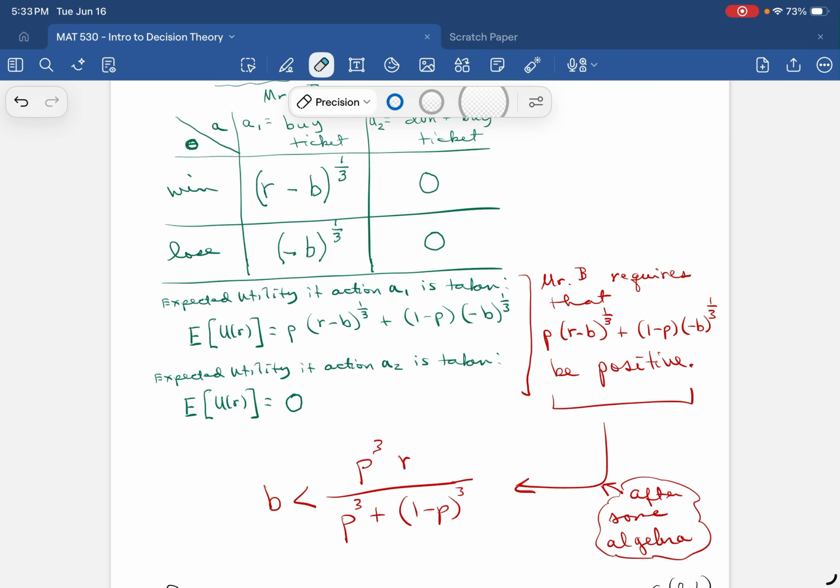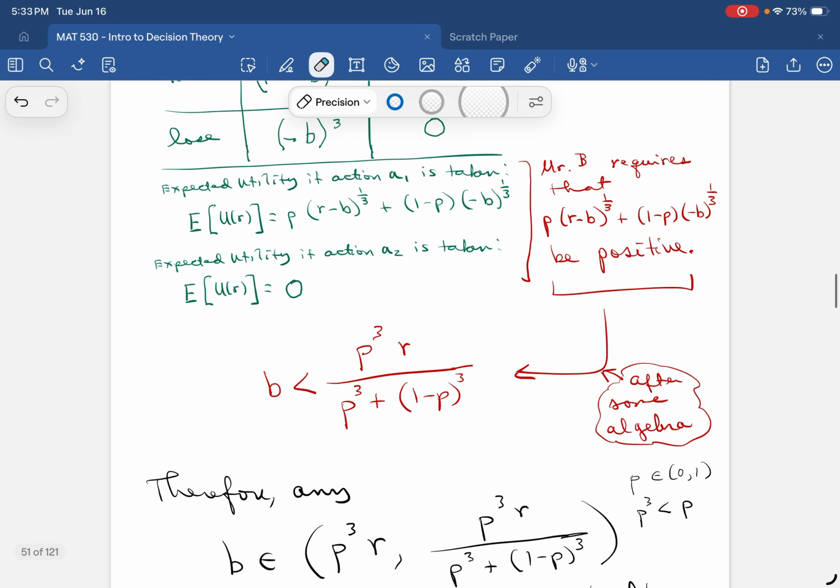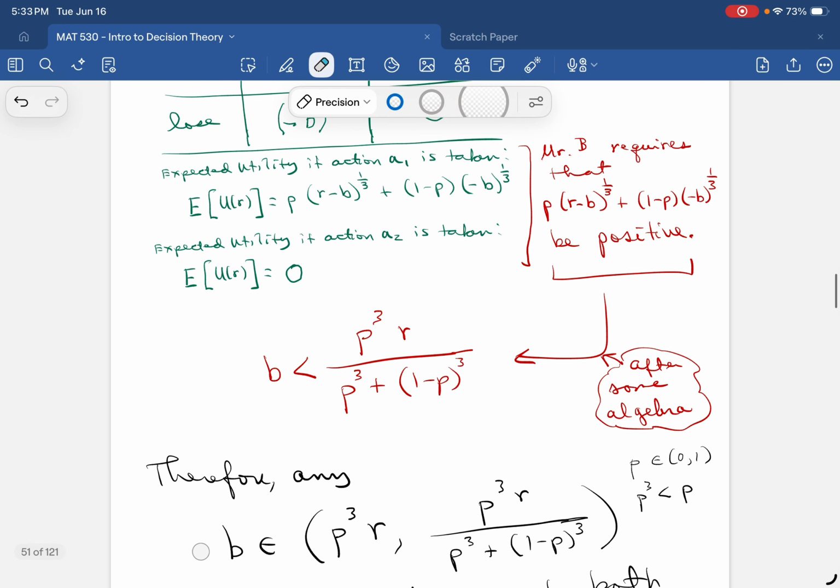So, putting all this together, we see that our B must come from this open interval. Remember, it's got to be greater than P to the 3rd times R. We got that from the analysis from Mr. A's utility matrix. And then from the analysis of Mr. B's utility matrix, that number B has to be less than this expression on the right there.